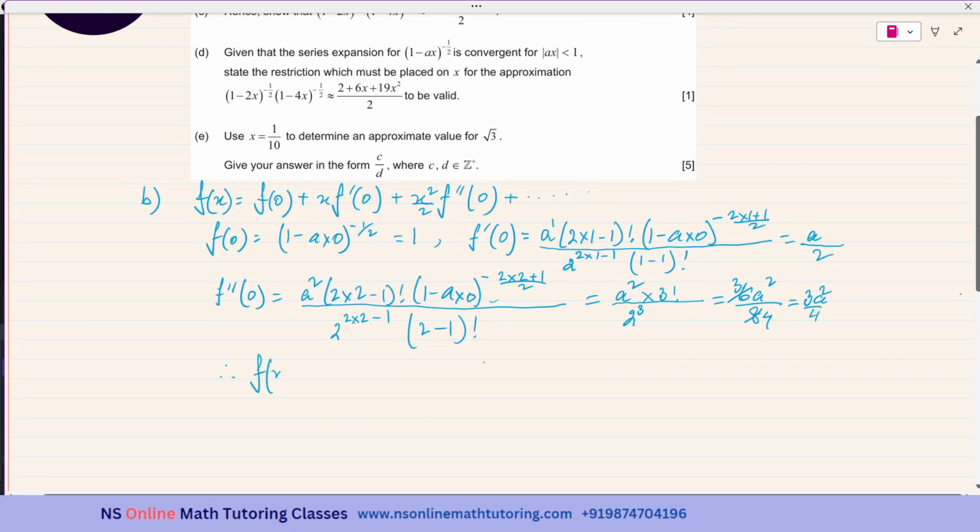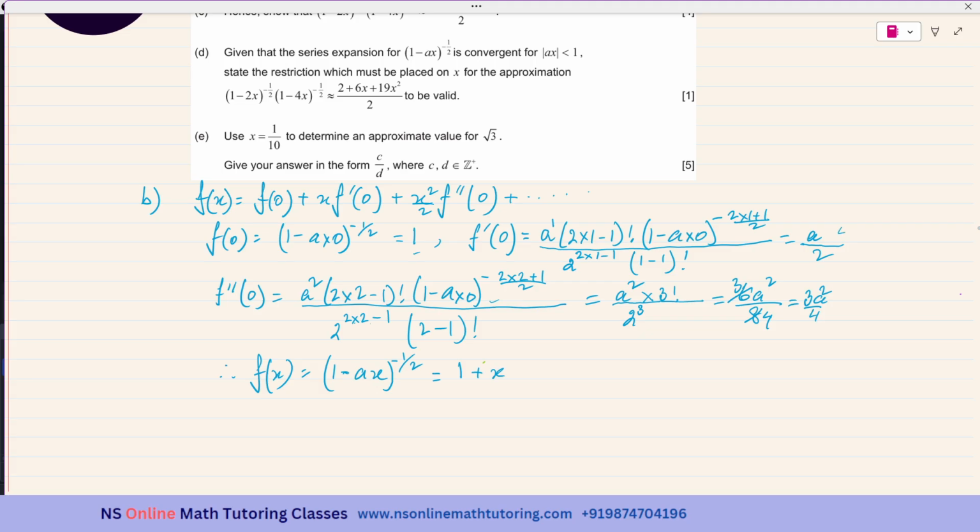Therefore, f of x is equal to 1 minus ax raised to the power of negative half is equal to f0. f0 is 1 plus x times f dash 0.